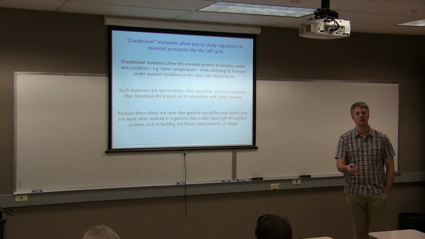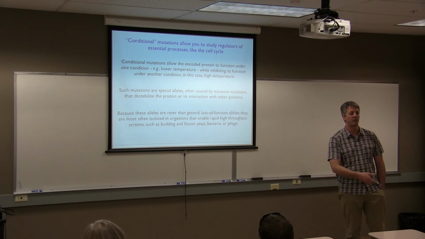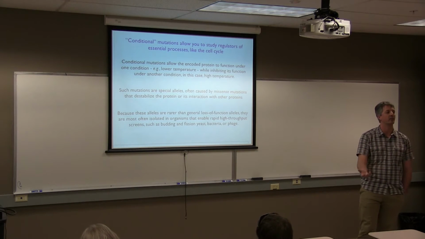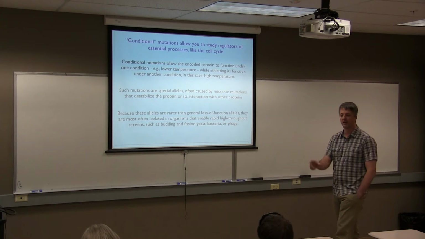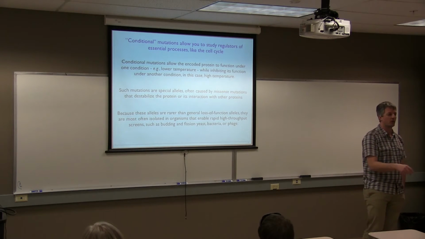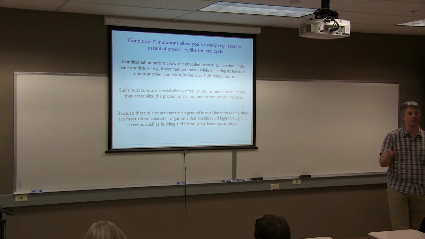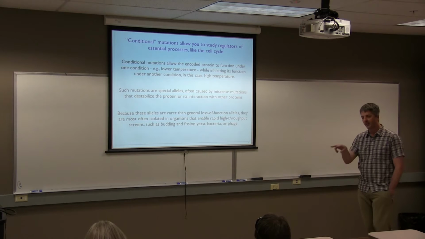Okay? Also, some people actually made designer mutations, right? So for instance, if you were interested in a gene's function during development, say in a mouse or in a mammalian system, you can use a Cre-lox system, where Cre is a recombinase, so you can make conditional mutants. When you express the recombinase, Cre, it cuts the gene out.